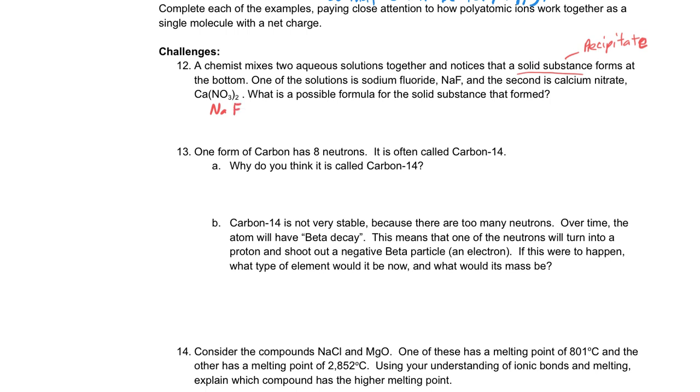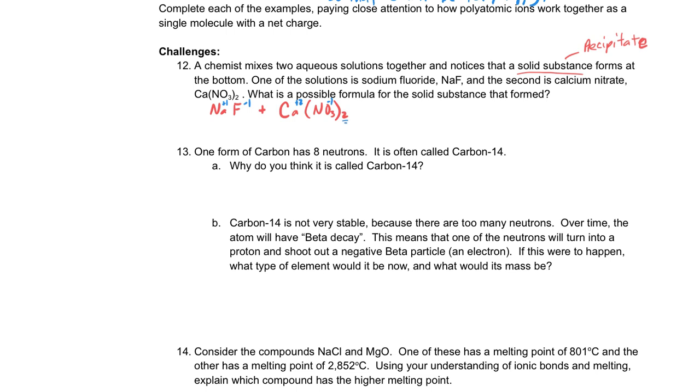Looking at my table of elements, I can see that sodium is a +1 and fluorine is a -1, okay. And then I have calcium nitrate, Ca(NO3)2, all right. And one of the things I notice is that Ca is a +2, which means that NO3 must be a -1 because I have 2 of them there.